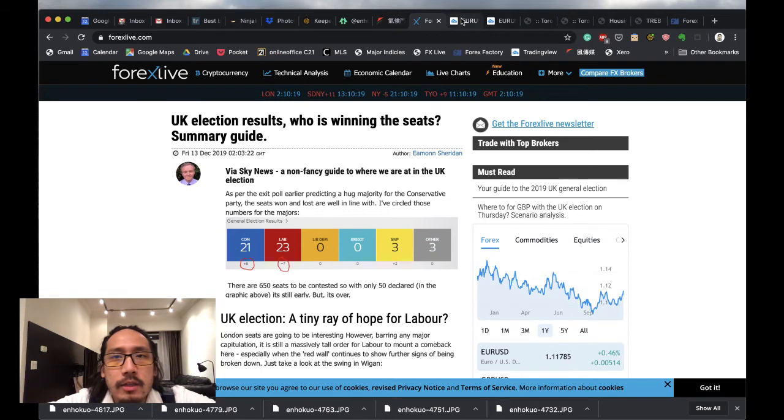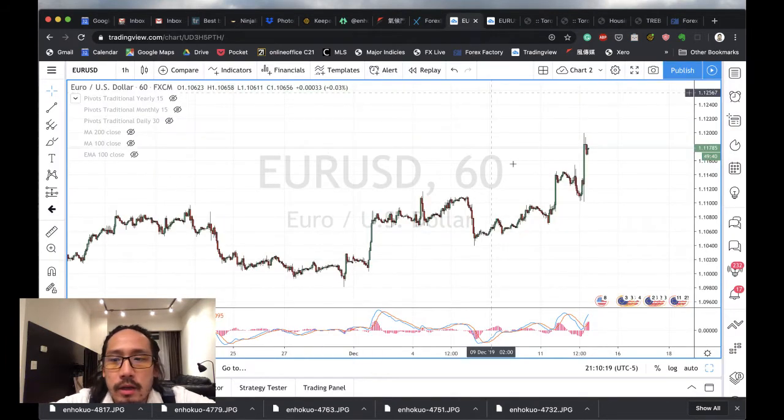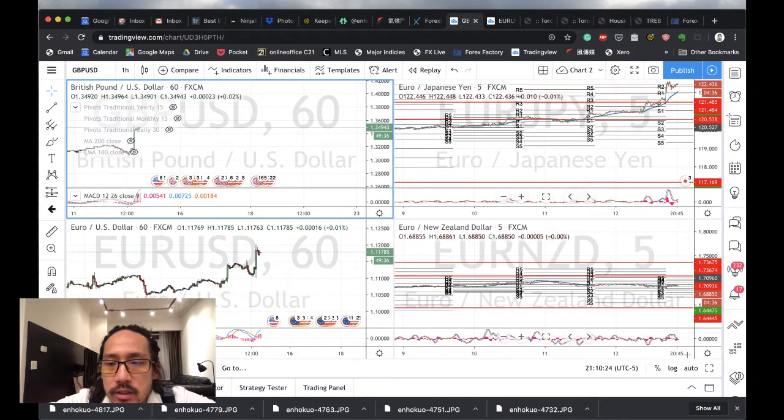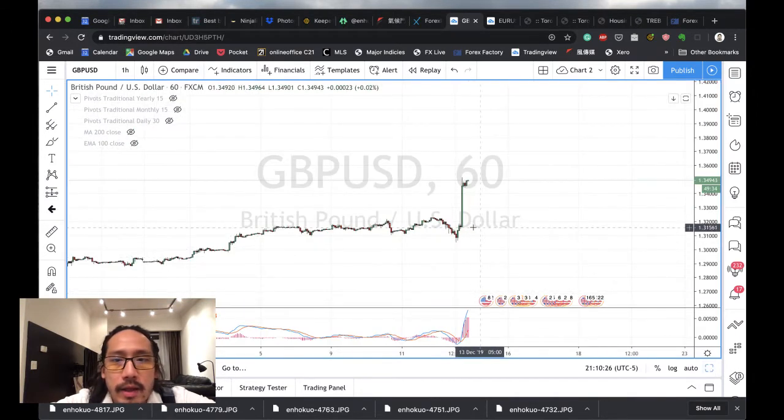So let's take a look at the chart. If you look at the British pound and US dollar chart, you can see, look at that. This is just in the afternoon here, and the result came out right now, it's 9 o'clock Eastern Standard Time.